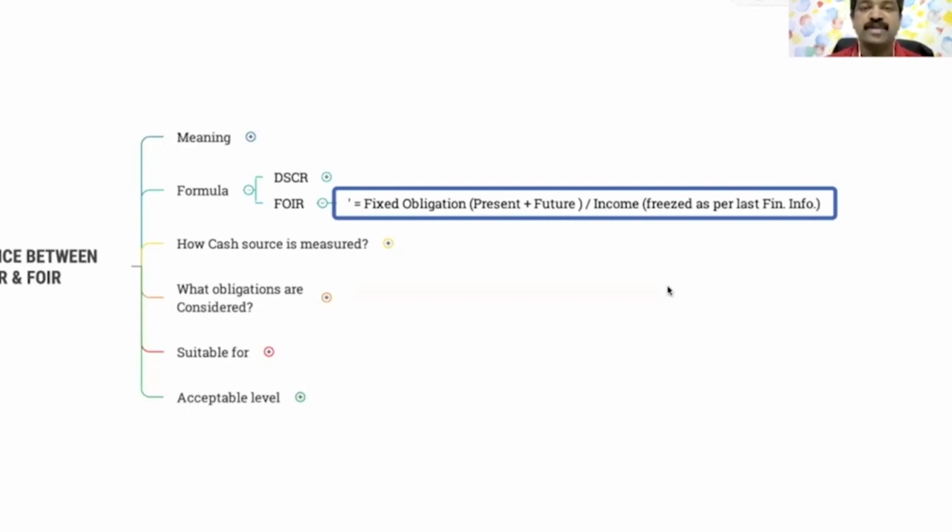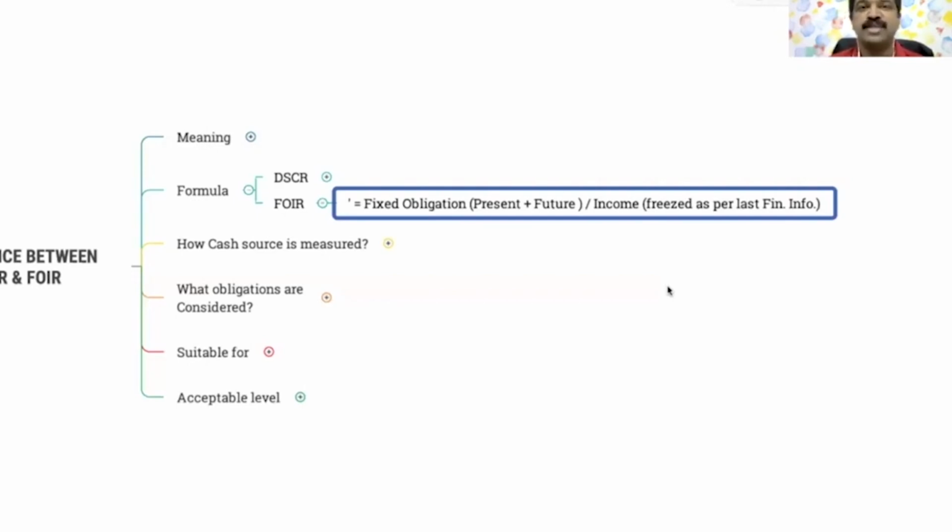For the next 5 years, what will be his cash profit? That will be based on his last submitted financials. In the next 5 years, he may earn more. He may have more cash profit, but that will not be taken into consideration.